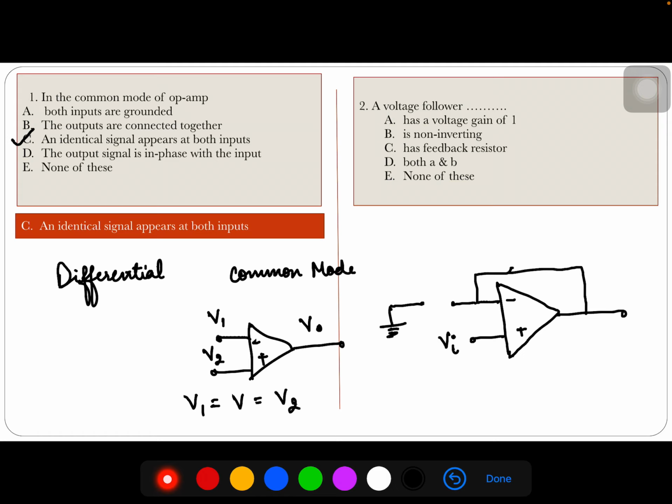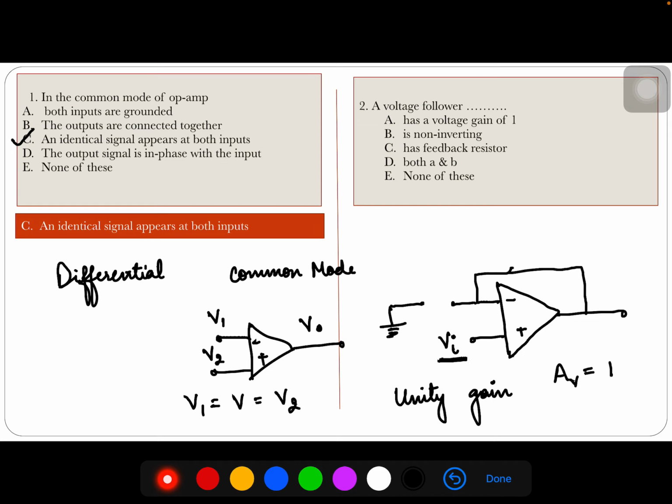Basically, a voltage follower is another name for a unity gain amplifier, and as the name says, the gain will be 1, voltage gain will be 1. Yes, it is a non-inverting amplifier because it is a special case of the non-inverting amplifier.